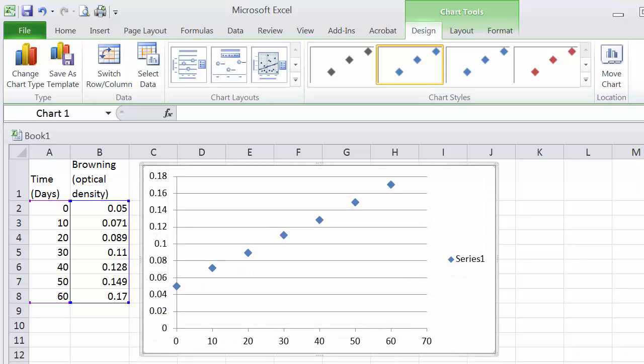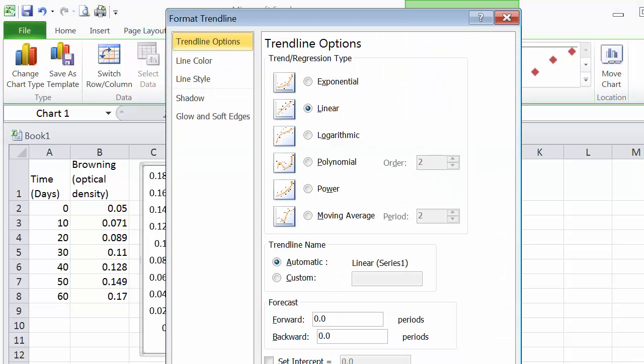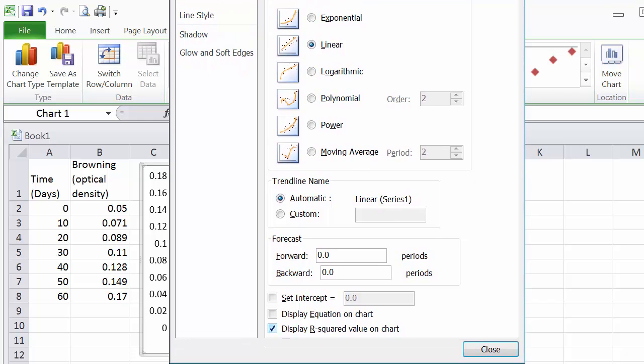We will right click on any of the points, and then from the dialog box we will select Add Trend Line. Now the trend line options that we will select are linear, and also we will select Display Equation on Chart and Display R-squared value on chart.